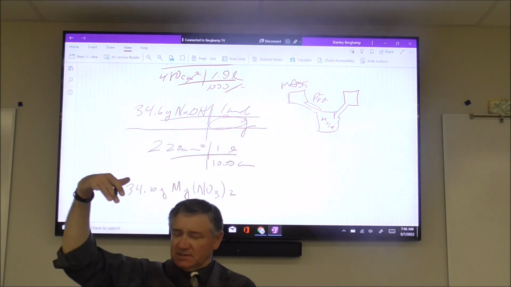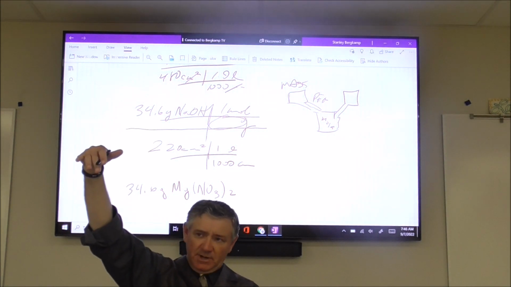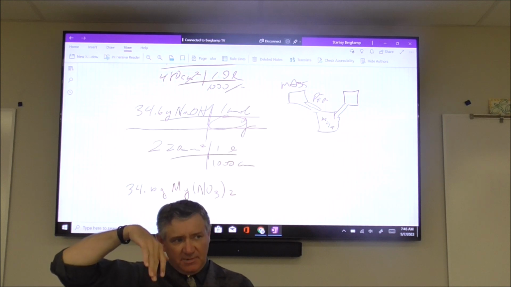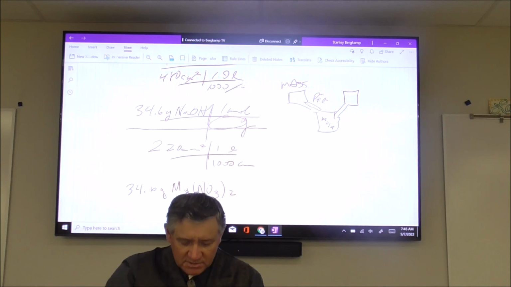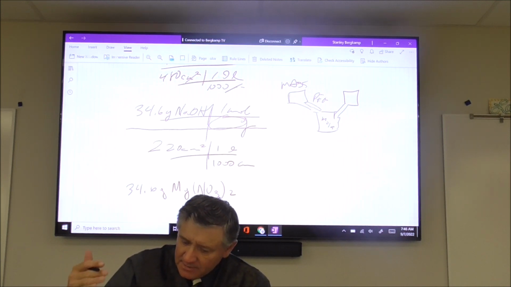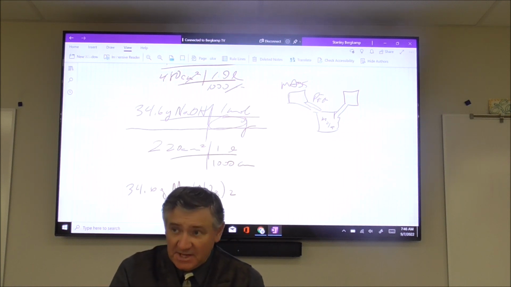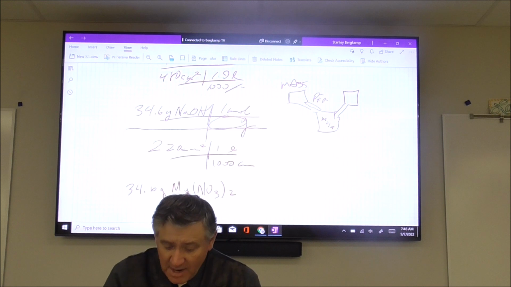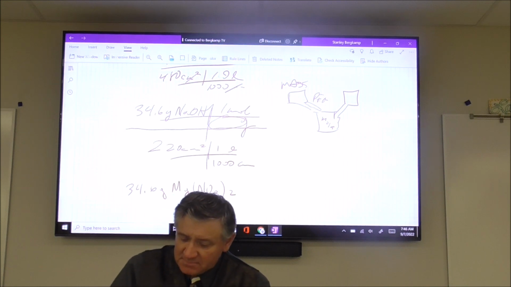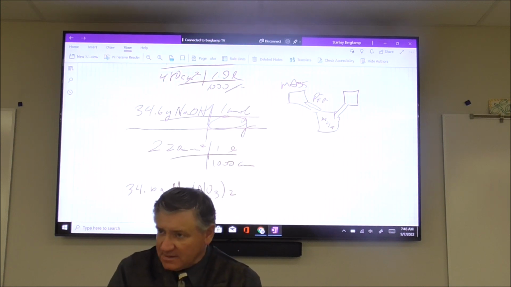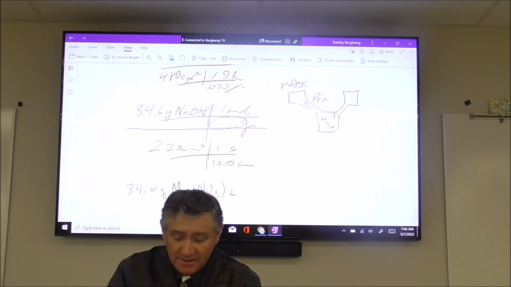I purposely did this. I had the same mass of magnesium nitrate as the mass of sodium hydroxide. But what you'll see is that the moles of magnesium nitrate, even though it's the same mass, is going to be vastly different. Because the molar mass of magnesium nitrate is much bigger than the molar mass of sodium hydroxide is. Okay?